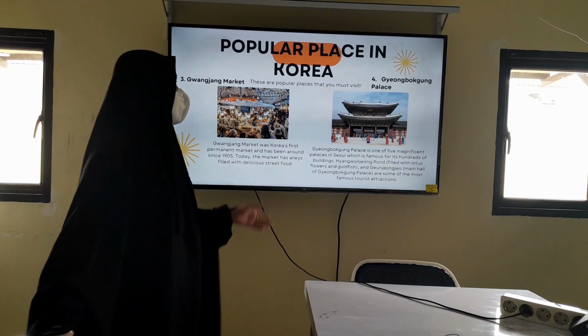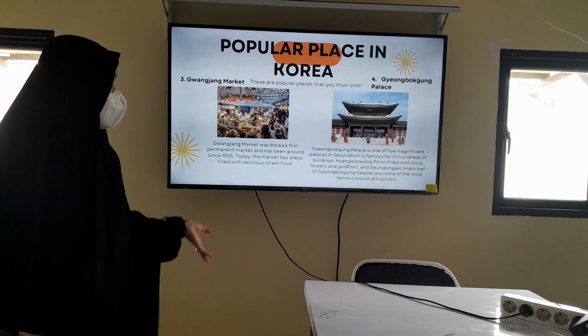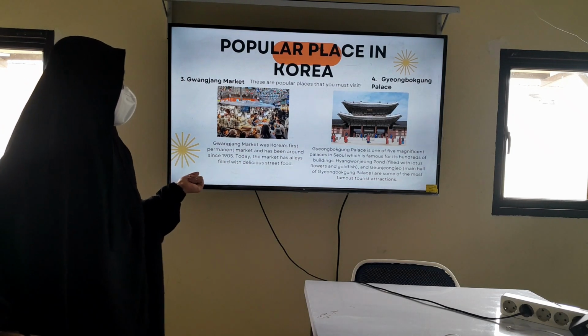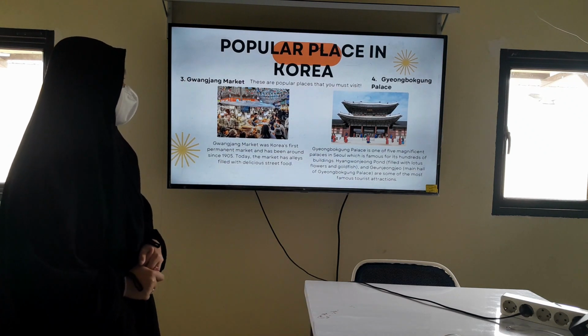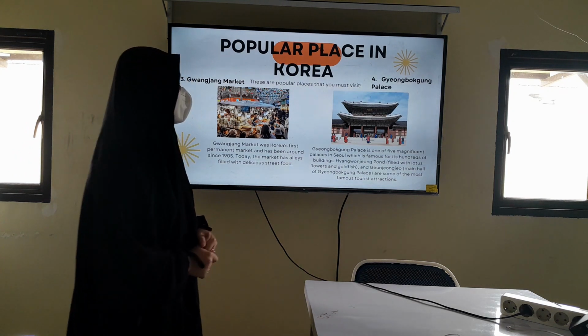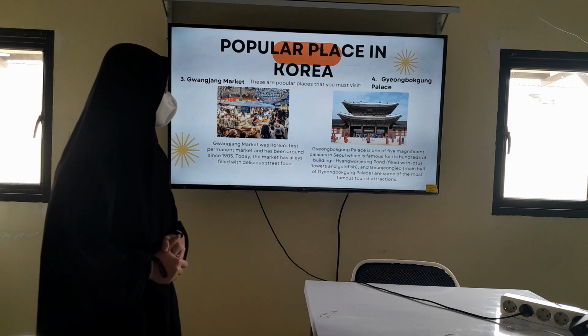And the last, Gwangbok palace. It's one of the 5 magnificent palaces in Seoul, which is famous for its hundreds of buildings.